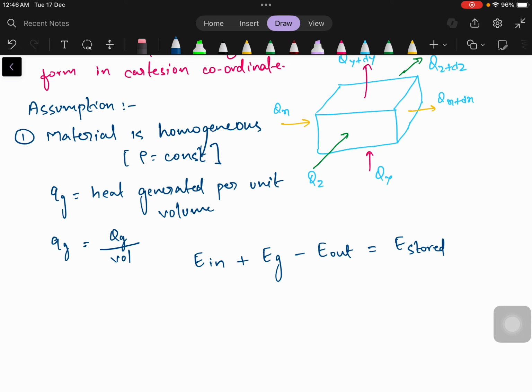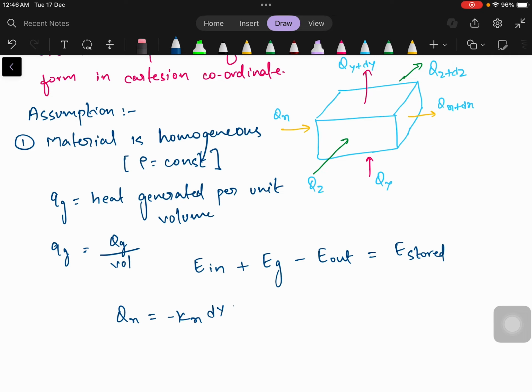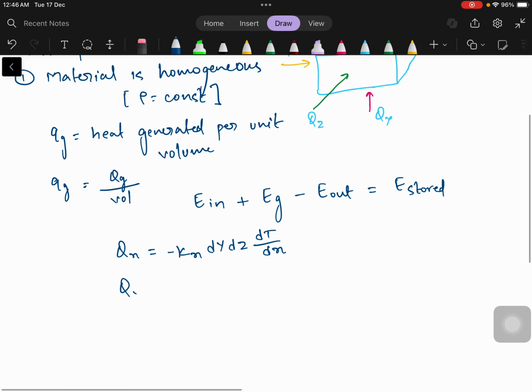From Fourier law of conduction we can write Qx is minus Kx, times the perpendicular direction area, dT by dx. In the same way, Qy is minus Ky dx dz del T by del y.